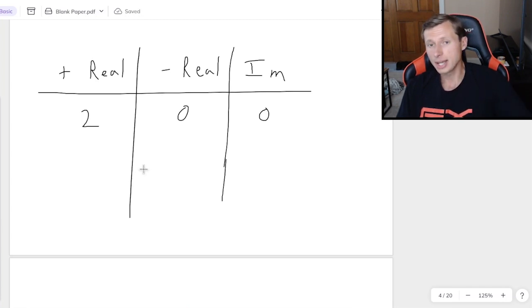Then the only thing I can do, I can only subtract 2 from the positive real. So that would mean 0 positive, 0 negative, and those 2 solutions I just lost went to the imaginary. And that's it for this sign chart. There's no other combinations I can have. And this is our final answer.